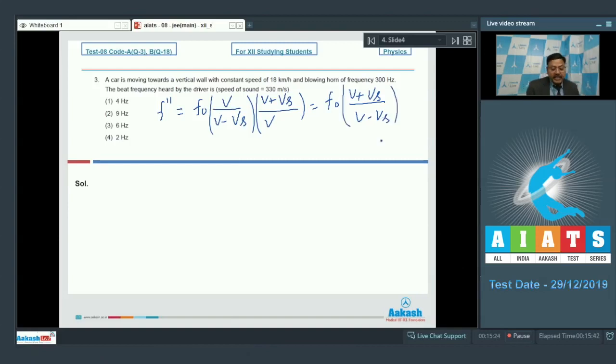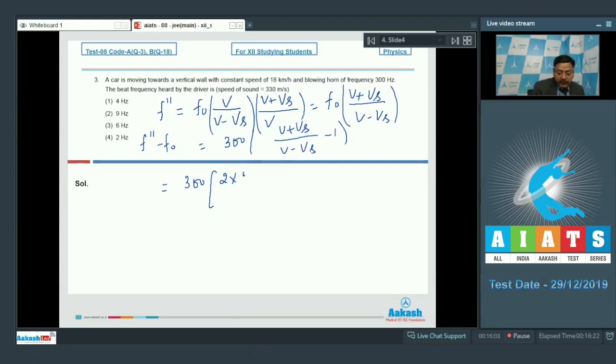So the beat frequency heard by him will be f double dash minus f naught, and that means it is f naught, which is 300 Hz, taken as a common, and this minus 1, so it is v plus vs divided by v minus vs minus 1, or further simplifying and putting the values in the numerator, the v will get cancelled, 2 times vs, and vs is 18 km per hour, which is 18 into 5 by 18, that means 5 meter per second.